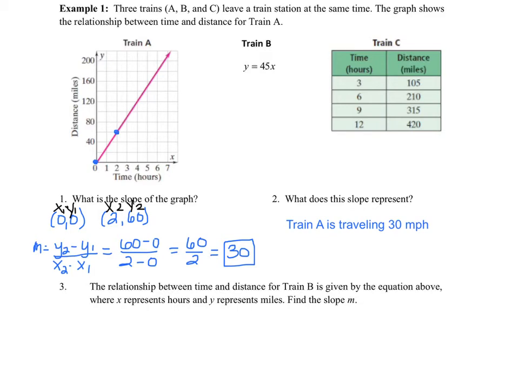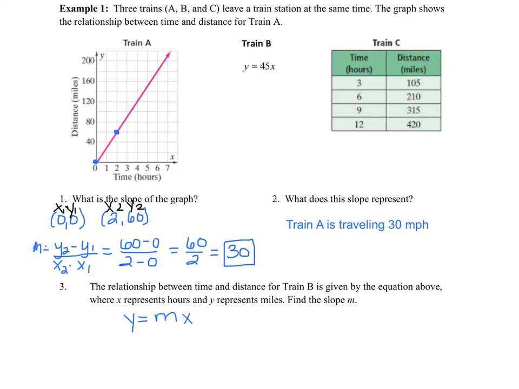So now number 3 says the relationship between time and distance for train B is given by the equation above, where x represents hours and y represents your miles. Find the slope m. So now we have train B, which is y equals 45x, and it's an equation. So we're going to use our slope-intercept form.